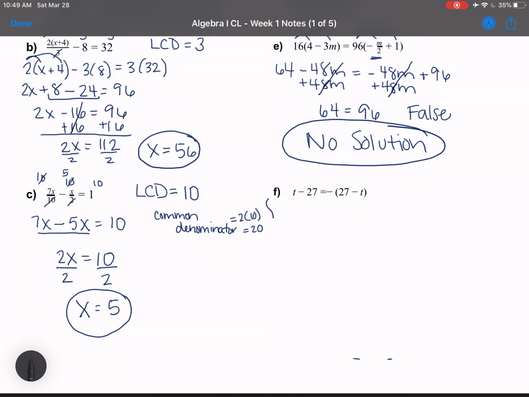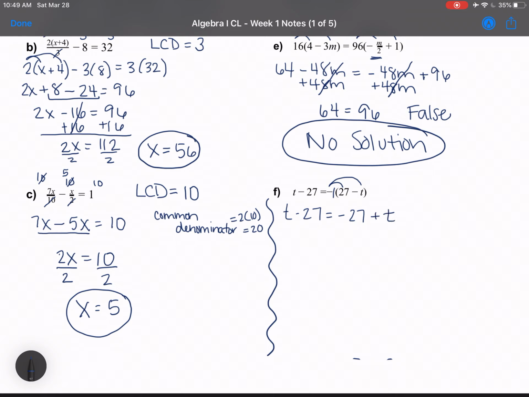Okay, and our last problem, f: t minus 27 equals negative quantity of 27 minus t. We can't do anything to the left side, but on the right side, we're going to distribute this negative. If you need to, put a 1 in front of the parenthesis to show that you're really multiplying by negative 1. So negative 1 times 27 is negative 27, and negative 1 times negative t is a positive t.